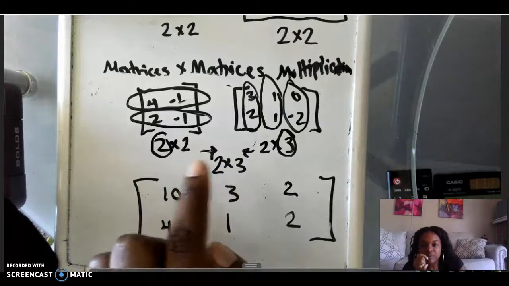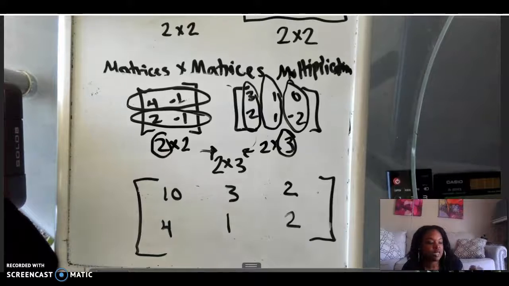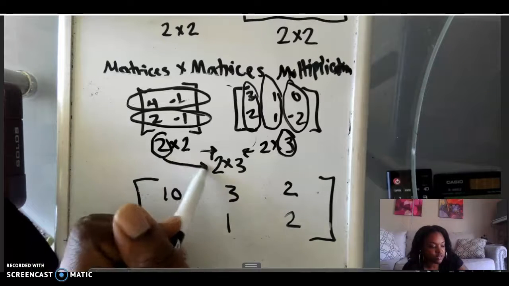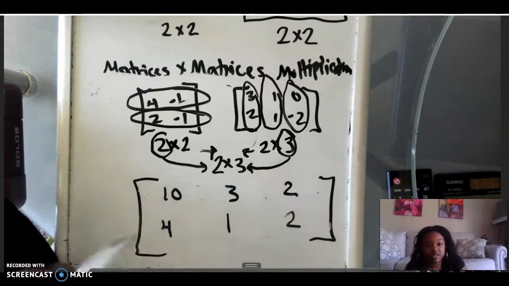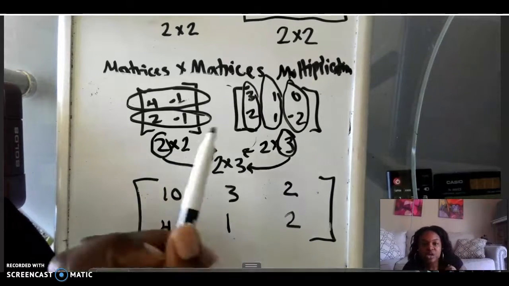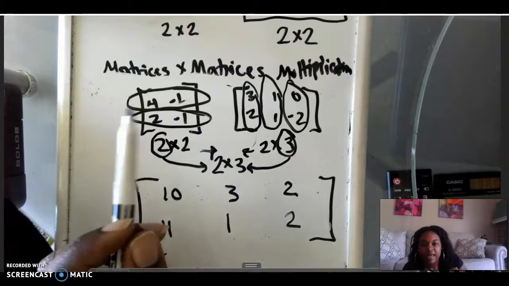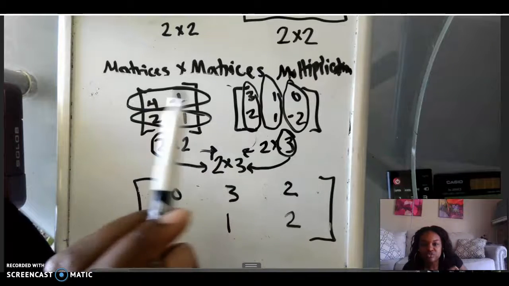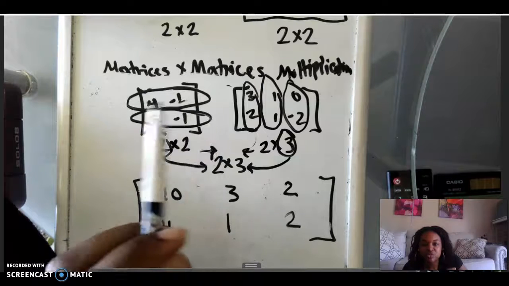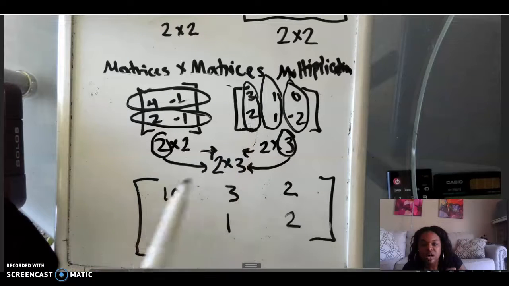If so, the matrix that you come up with must have the dimensions of kind of like the sandwich idea, where you smush them together, the twos go away, you're left with the 2 by 3, and then you multiply the entries in the first row by the entries in the first column and add up the two, and then just continue that pattern until you get your final matrix.